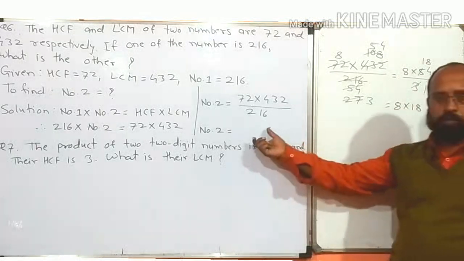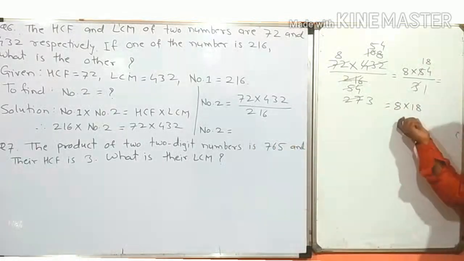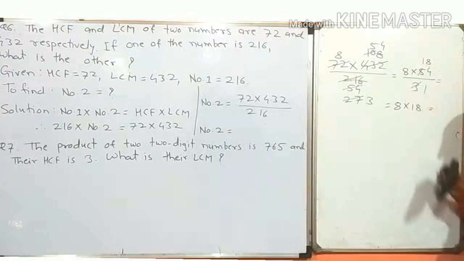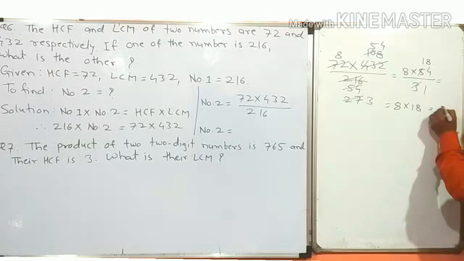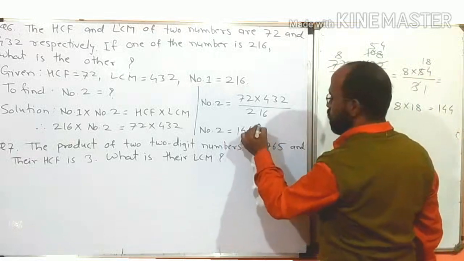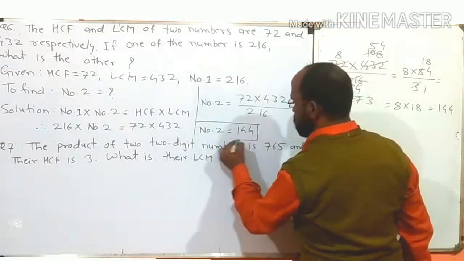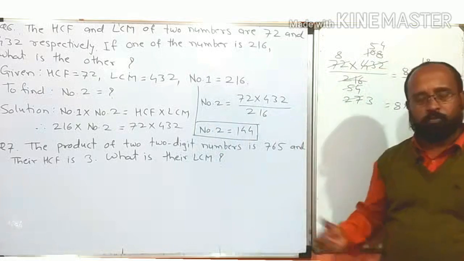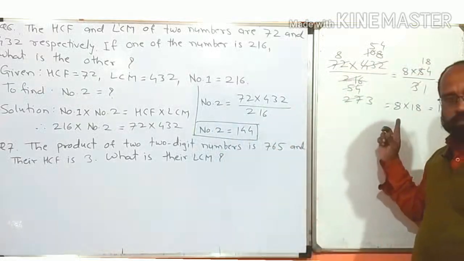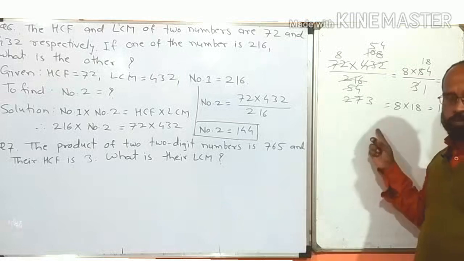See such a big calculation, we changed it into a very minor, limited task. Let's do it. 18 8s are 144. Finish. So the second number is 144. Isn't it easy? I think you have found it super duper easy. Clear? This technique, I think everyone is aware of how to use tests of divisibility.